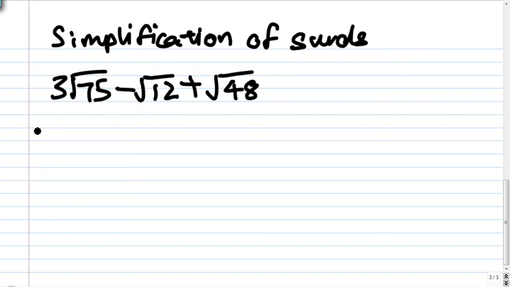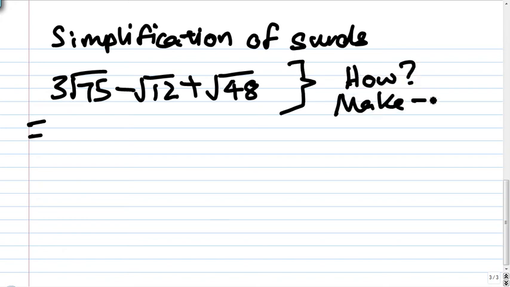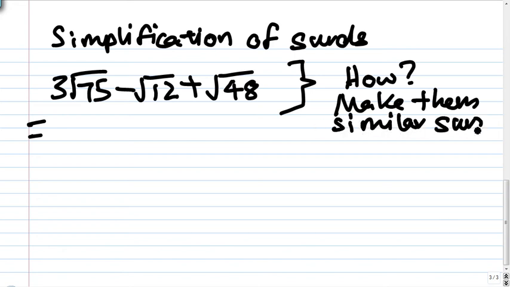Now what you want to do is simplify it to such an extent that they have a common element. In other words, make them similar surds. How?